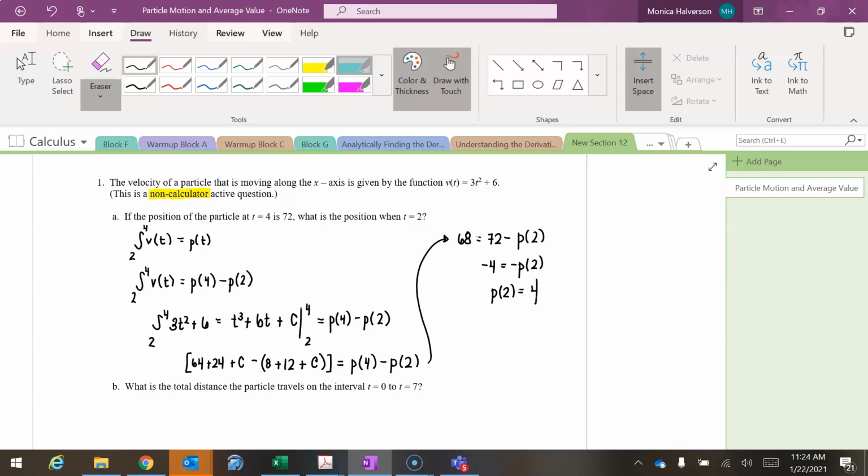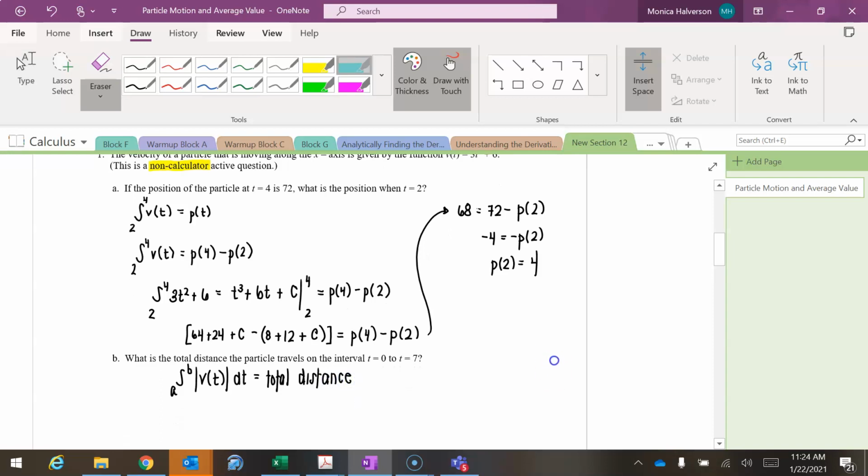For part B, it's asking what is the total distance from 0 to 7. So what we're finding is that the total distance is equal to the definite integral of the absolute value of velocity.